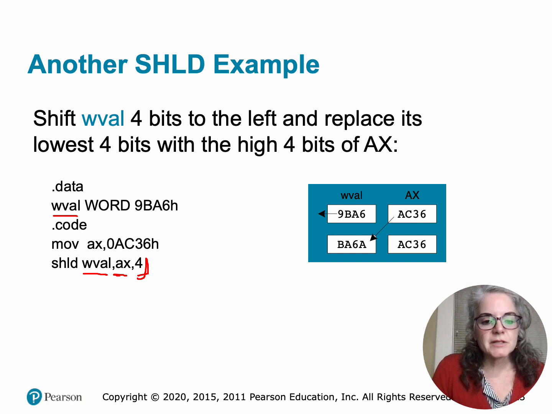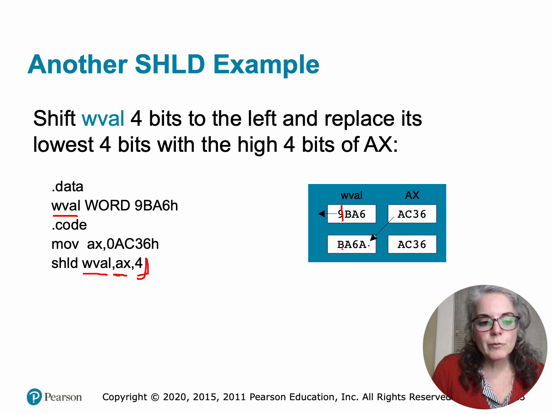So that's the first step. AX has AC36, so the most significant 4 bits of AX, which is A, get copied to the back. So this 9 got moved out, and we just had BAC, and then that A got copied to the back of the hex number.